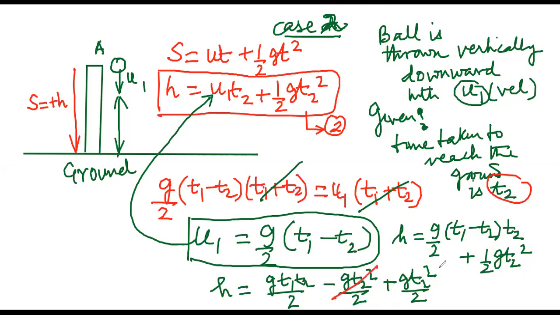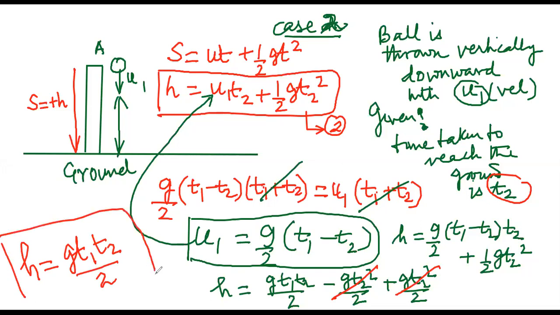So I get the value of h, the height of the tower, which is the most deciding part of this sum, as h = g t1 t2 by 2. So this is the height of the tower we have got.